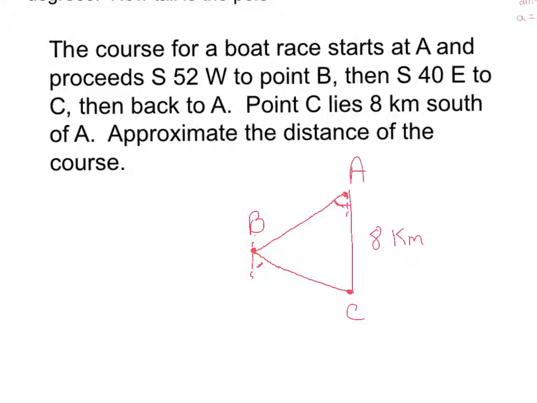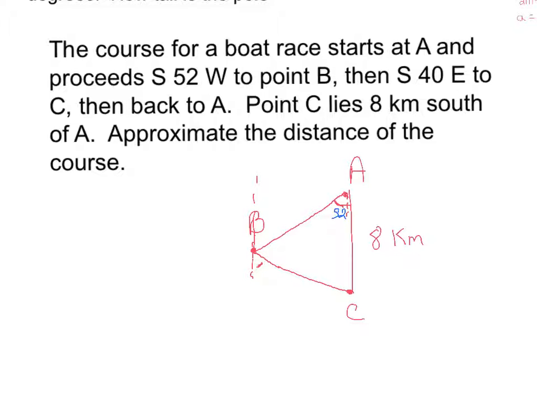We know that if we started south 52 degrees west, this angle is 52 degrees. And we have parallel lines cut by a transversal.